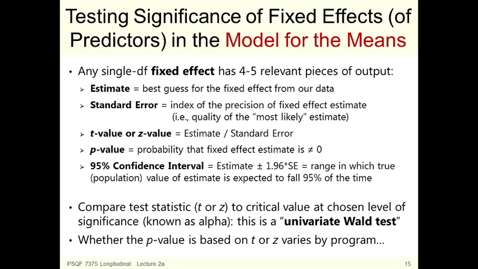This procedure, where you take the estimate divided by the standard error and that ratio forms a t or a z, is known as a univariate Wald test. The term Wald is traditionally used for z's specifically, but if you use a t instead, I think it's fair to describe it as a modified univariate Wald test. This is the procedure you're used to using for regression type models. This is the exact same procedure we're going to be using for longitudinal models. I just wanted you to know what it's called. That way, when you talk about how you assess significance of your fixed effects in a manuscript, you can say, I used a univariate Wald test.